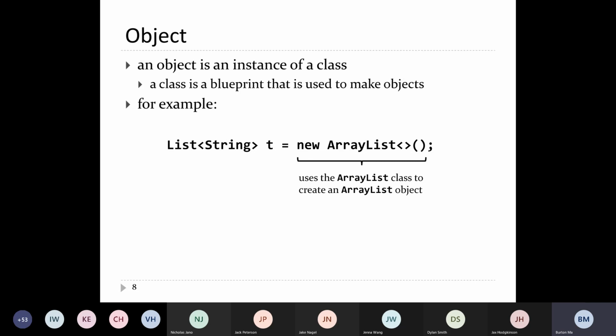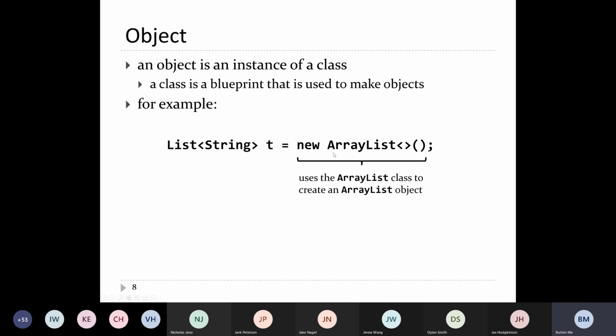One way to think about an object is that whenever you make an object, you take your class and you clone it. That's not a great way to think about it, but it's one way. So what's in a class? What's in an object? Everything that's in the class is in an object, at least everything that's not static. For example, if I create a new ArrayList, new makes a new object.